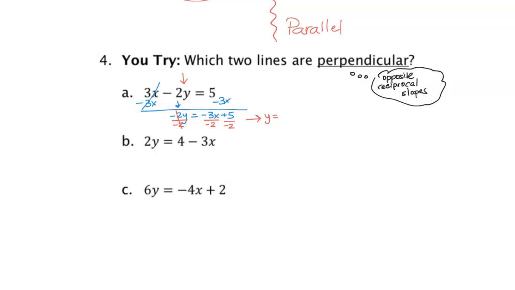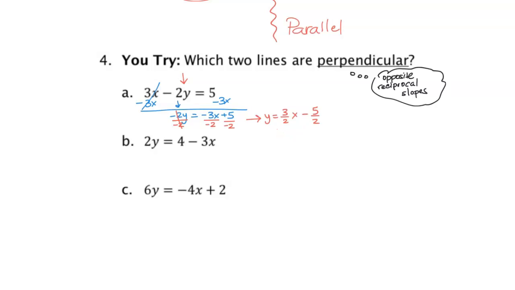Negative divided by a negative will give us a positive 3 over positive 2 x. And then we have a positive 5 divided by a negative 2. This will then turn into a negative 5/2, because positive divided by negative is simply negative.